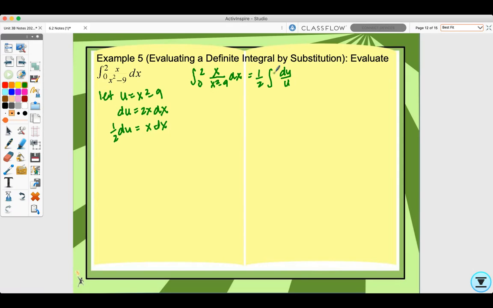Since this is in terms of u instead of x, I need to find my u values. So when x equals 0, u would equal 0 squared minus 9, so u would equal negative 9. So instead of 0, I'd have negative 9. When x equals 2, u would be 2 squared minus 9, or negative 5.